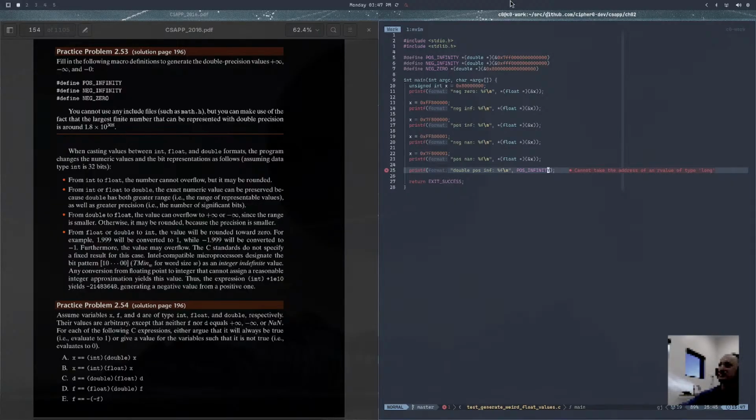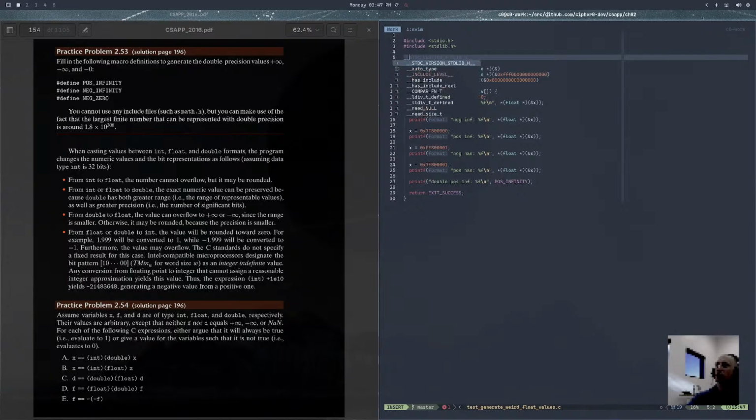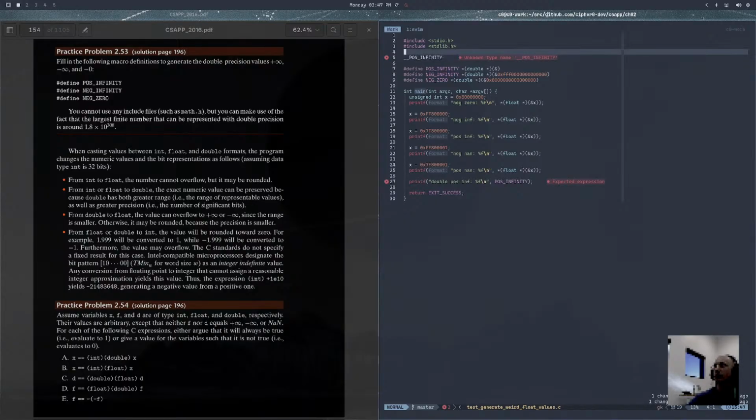What we could do is make these globals and then take a reference to them. So I'm going to say underscore underscore positive infinity. And we'll make this thing what? It's going to be unsigned long.